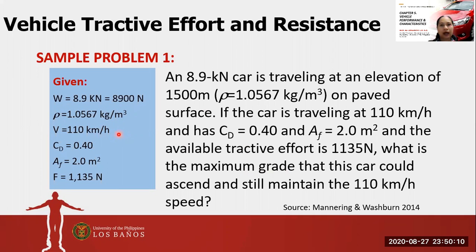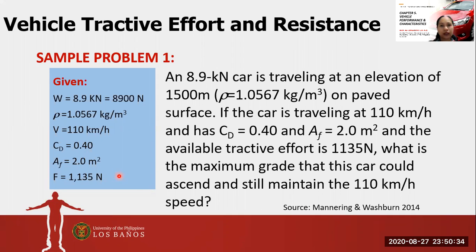Usually we have to use the meters per second in our calculations. Drag coefficient of 0.4, frontal area of the vehicle, which is equal to 2 square meters, and then the available tractive effort, which is 1,135 newtons. So we're going to find G.